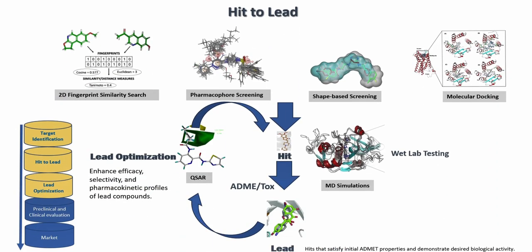The second is identifying the hits, then hit to lead, and then lead optimization. Most of the computational work that we can do is in these three steps, right?